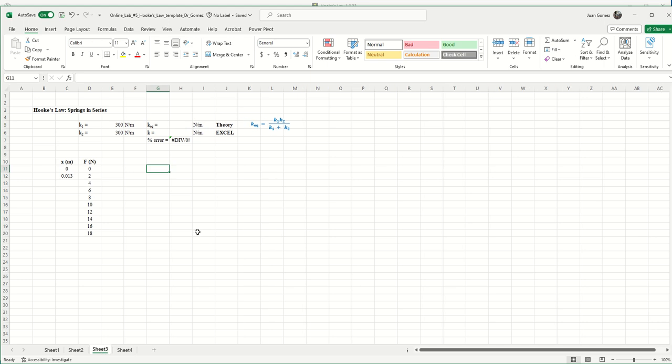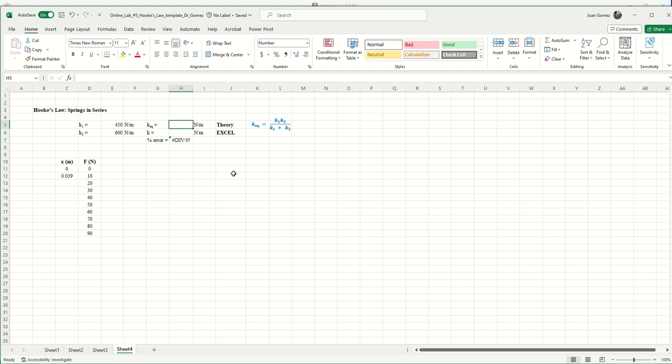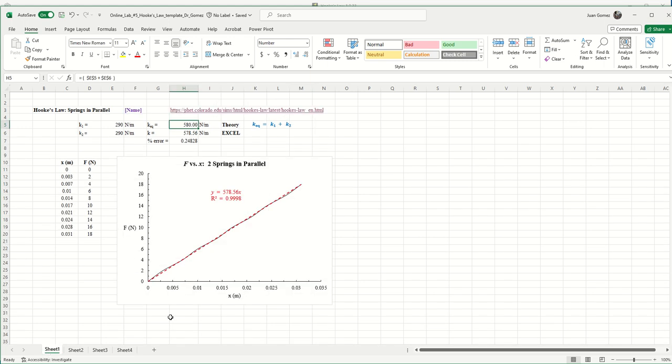Once you enter the correct formula into H5 in sheet 3, you can just copy it and paste it into sheet 4. That's the beauty of Excel. Then once you get all your values, create your graph, do exactly what I did in sheet 1. And so you should have 4 sheets that should all look very, very similar.